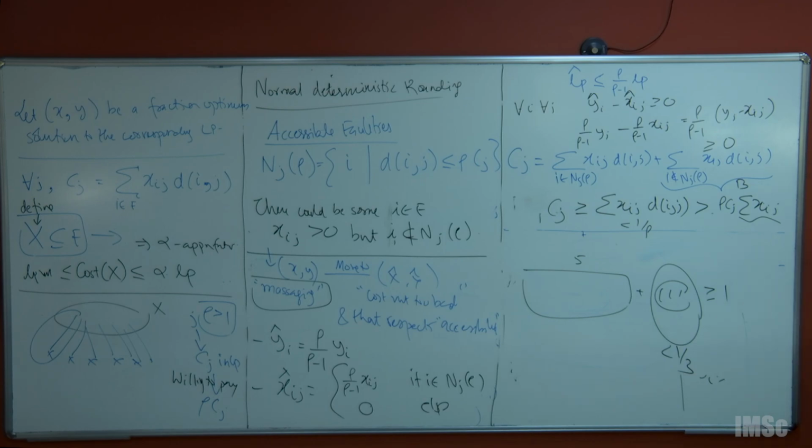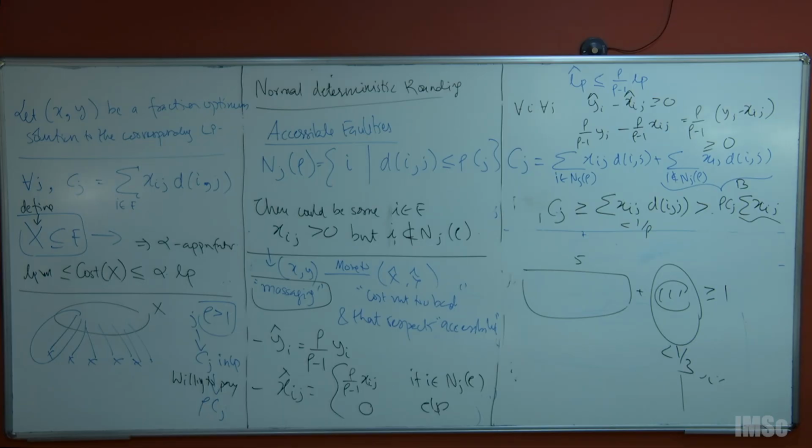Because otherwise they cannot sum to 1. So the further you go, the lesser the weight xij will get, because for the fractional solution, if it pays more for that distance, that will come in the cost function. So he doesn't want to pay that much. The further you go, the smaller the portion he can take. And that is what I'm trying to quantify here.